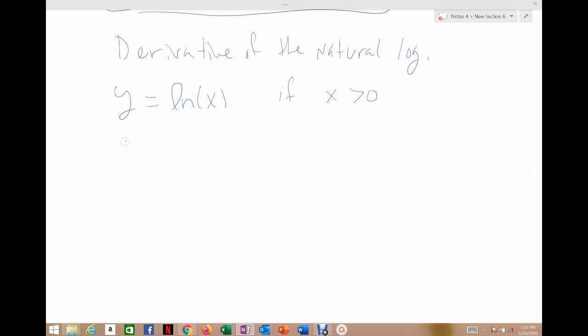So the derivative of the natural log is simply 1 over x if x is greater than 0. Same thing's true for the derivative. The original function's domain is x values bigger than 0, and so the same thing's true about its derivative. Now, sometimes we get around that by taking the absolute value of x, but I'm not going to. I'm just going to write it 1 over x if x is greater than 0.